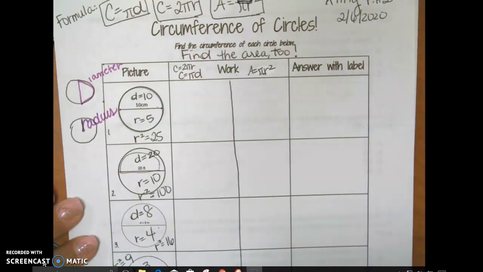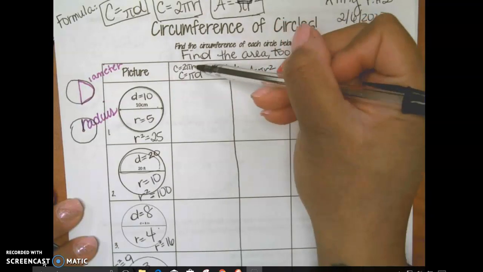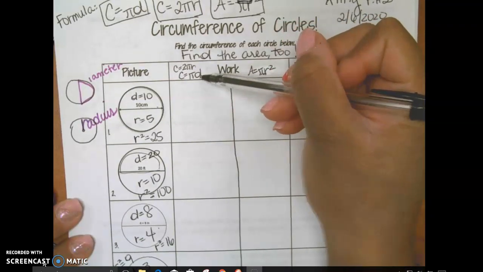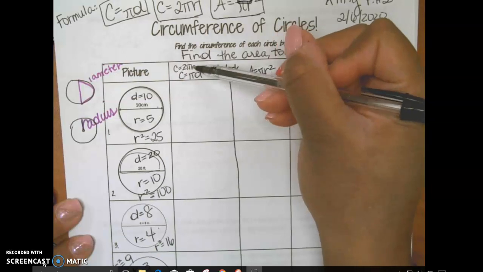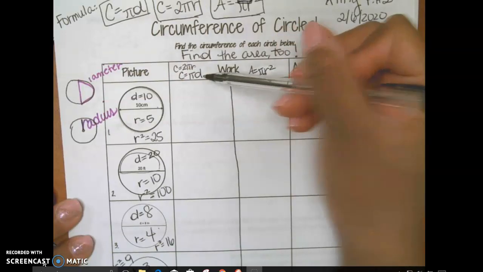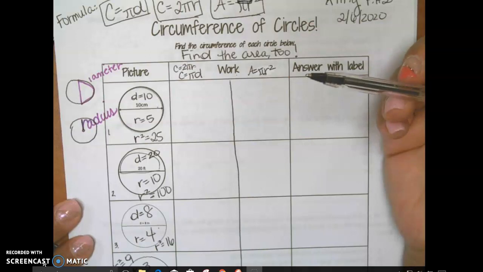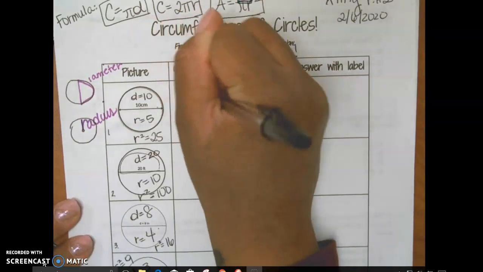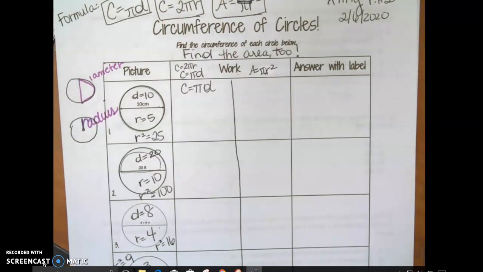Okay, for the first one, I could use either 2 times pi times r, or I can use pi times diameter. I am going to take out the pi and the d, and I'm going to replace them with numbers so that I can multiply. I like to use circumference equals pi times diameter, again, because it's only 2 numbers that I need to multiply.